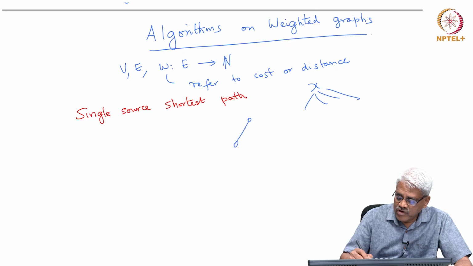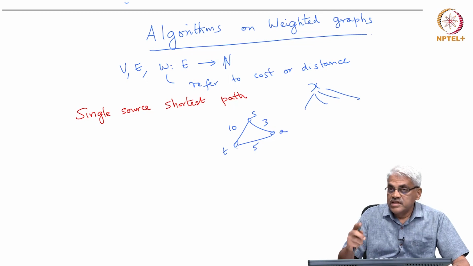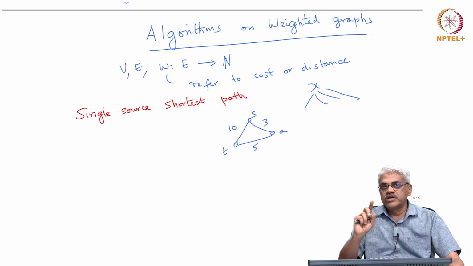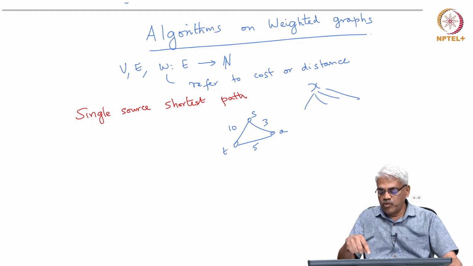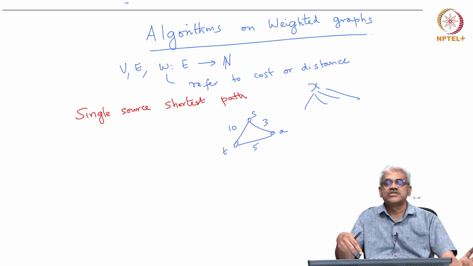I might have a path from S to T, an ST edge, there is only one edge. If you count the number of edges, it is 1, but the distance is 10, whereas if you go through A, even though it has 2 edges, the distance is 8, which is smaller than 10.